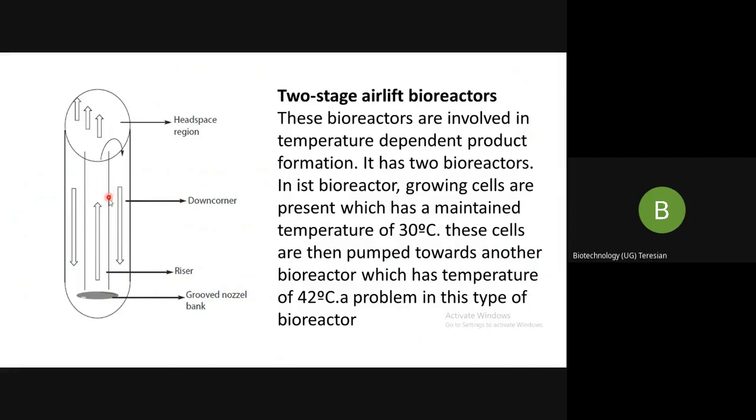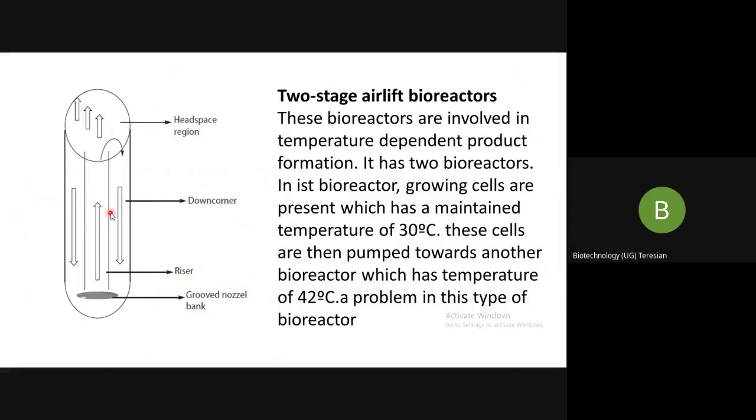They are interconnected by a baffle or particularly the draft tube. This is what most of your textbooks mention, the draft tube. Only one of the two zones, that is particularly the riser, is sparged with air or other gas, whereas your downcomer is the other zone that receives no gas.